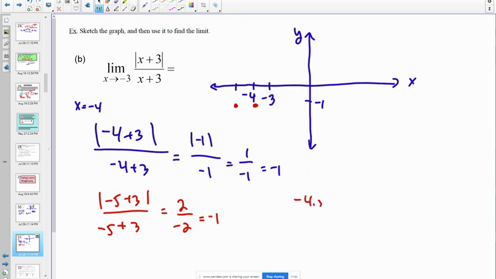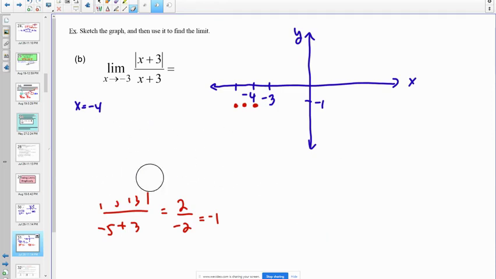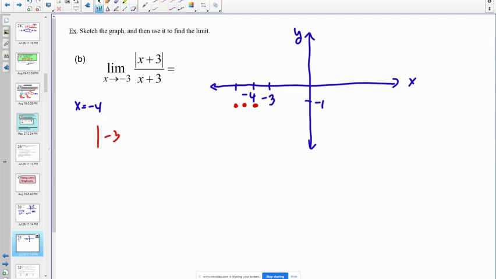What if I plug in -4.5? So -4.5 plus 3 over the absolute value of -4.5 plus 3, all right? That's going to give me 1.5 on the top and -1.5 on the bottom. So that's still -1. What if I plugged in -3.5? -3.5 plus 3 over the absolute value of -3.5 plus 3.